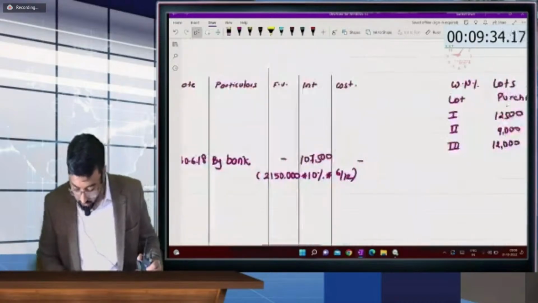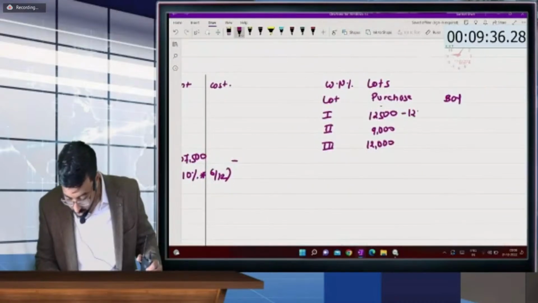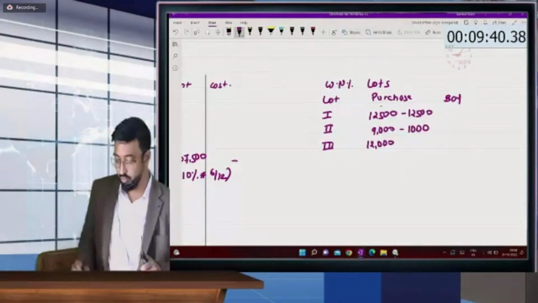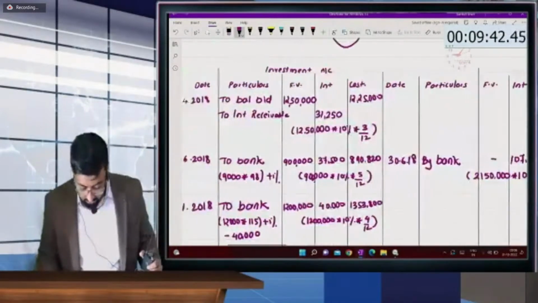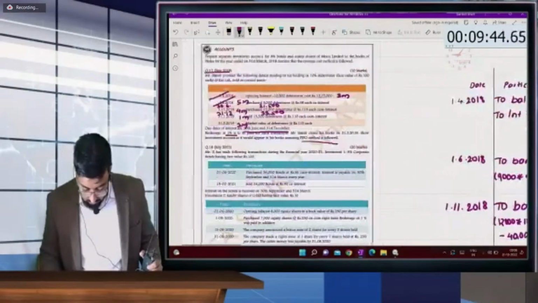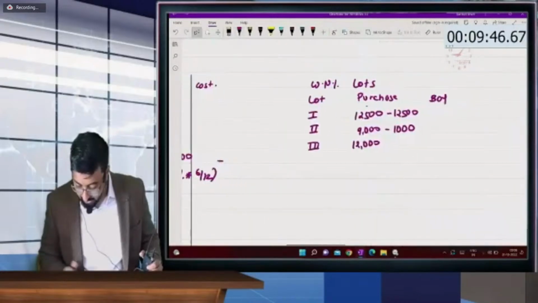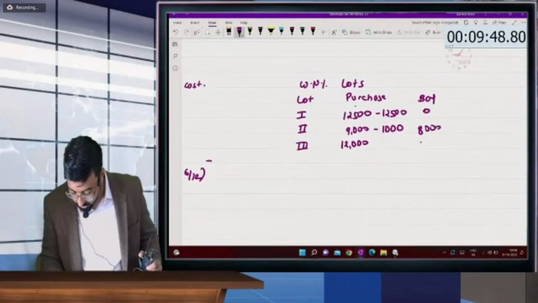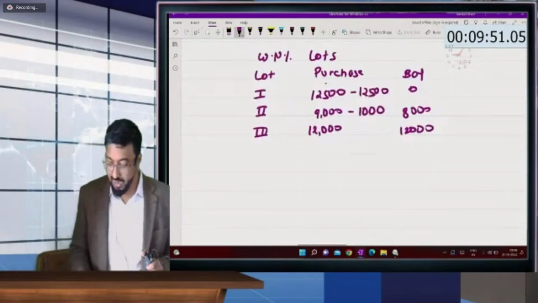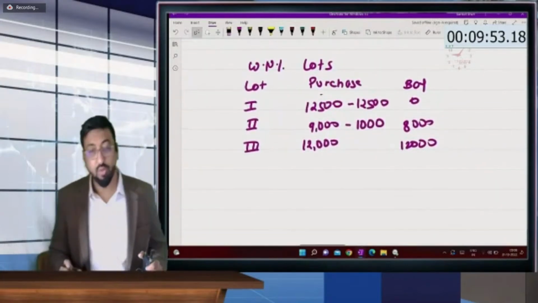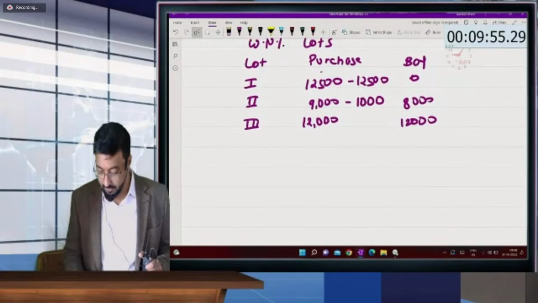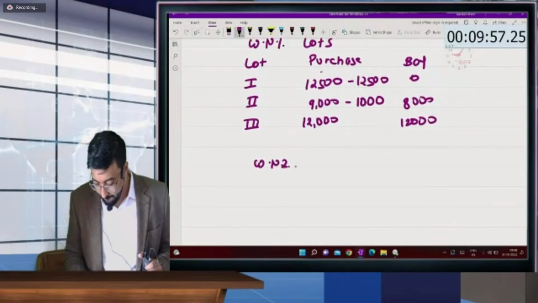You sold 13,500. Out of this, 12,500 and 1,000 from the next lot. So lot 1 balance is 0, here 8,000, here 12,000. This is the balance. Sold only once.